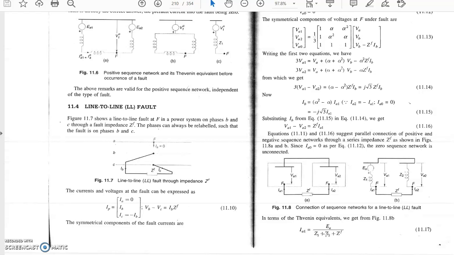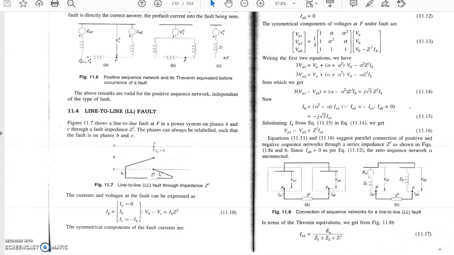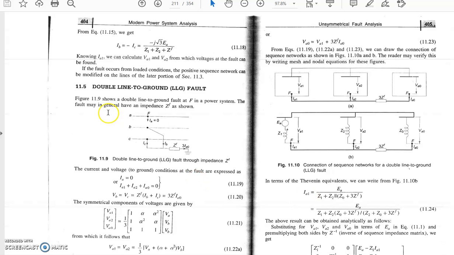If we get the value of IA1, then IA2 equals minus IA1, and IA0 is 0. IA equals IA1 plus IA2 plus IA0, so IA is 0. We can get the value of IB and IC, and also other parameters. So IB equals minus IC, equal to minus j root 3 Ea upon Z1 plus Z2 plus ZF. Other parameters VA1, VA2, VA0 we can also get from the diagram.